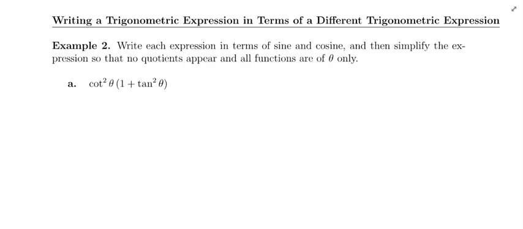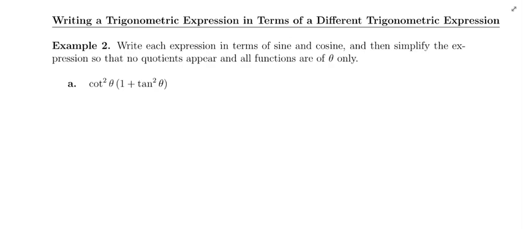Okay, so let's read the directions here in example 2. It says write each expression in terms of sine and cosine and then simplify the expression so that no quotients appear and all functions are of theta only. Those directions are a little wonky, so let's talk about what's entailed here.